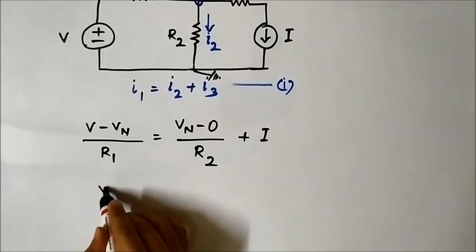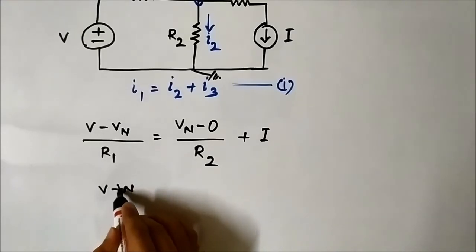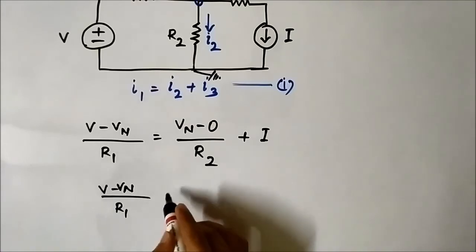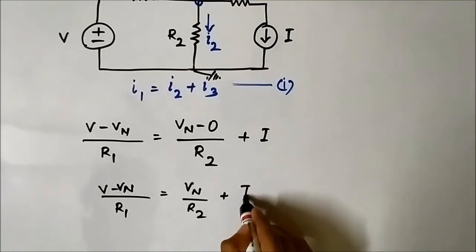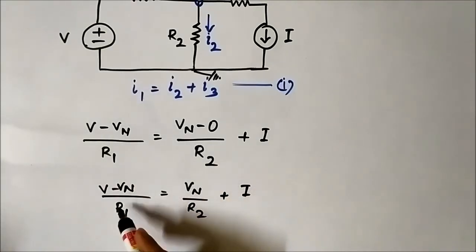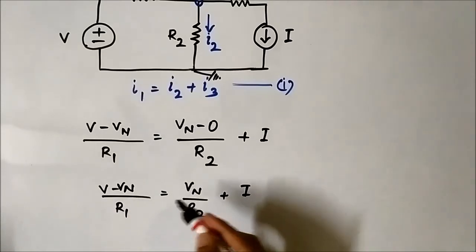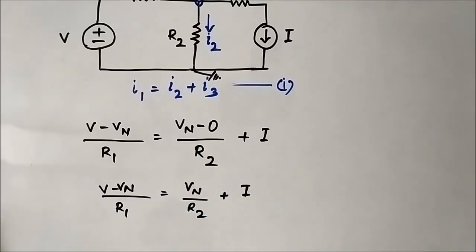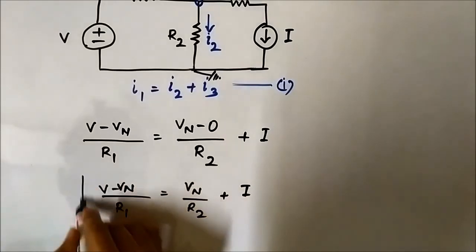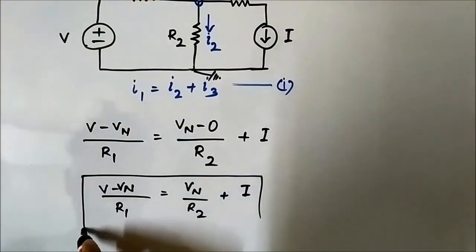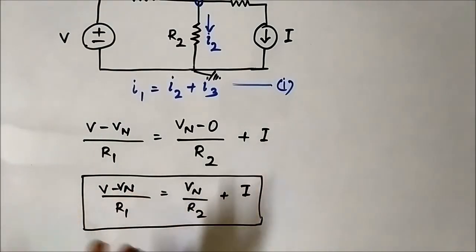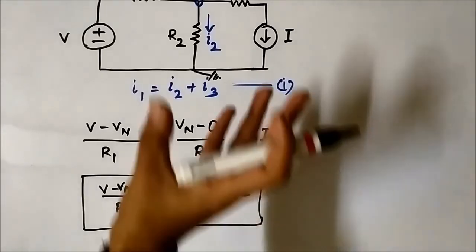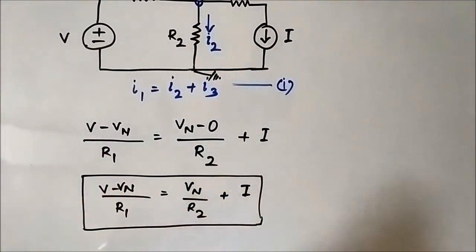So, we can simplify it: V minus Vn by R1 is equal to Vn by R2 plus I. Then you can bring Vn on one side and express Vn in terms of V and I. Suppose a question comes, we will deal with that later, but for now this is the basic nodal equation, and all the twists and changes that we can do depending upon the parameter being asked in the question, we can do from here.